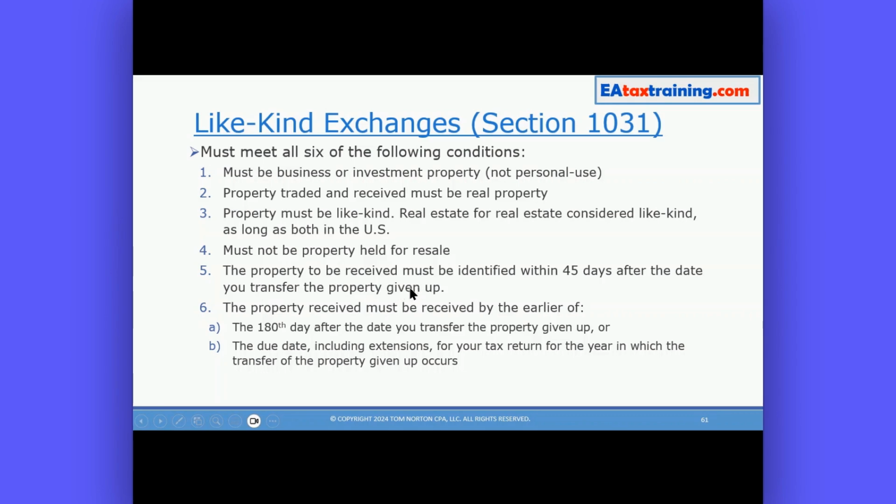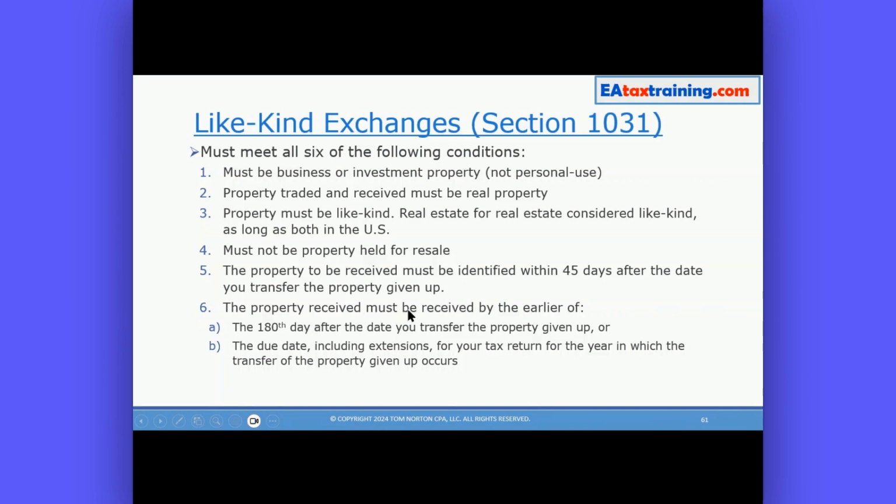In other words, you don't have to know exactly what property you are trading it for when you actually make the trade. Maybe whoever you're trading with has got several different pieces of property and you're not sure exactly which one you're going to agree to. Well, you've got 45 days from the time you transfer the property that you gave up in order to identify the property that you are going to get in exchange.